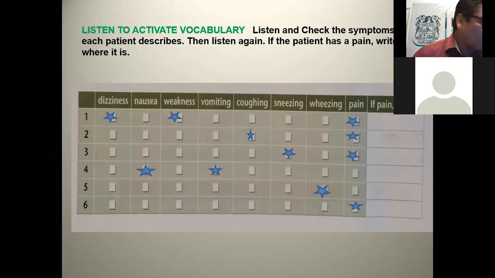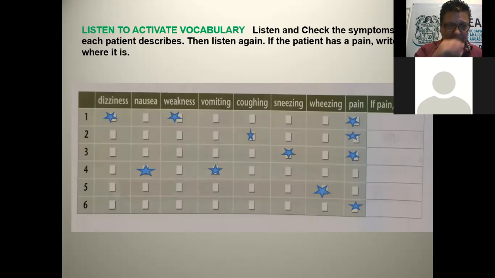And weakness, ¿cómo lo manejábamos? Weakness. I feel, nos sentimos, ¿verdad? I feel weakness. Y cuando tenemos un dolor, pues I have pain, tengo un dolor, ¿verdad? Entonces, con dizziness, decíamos, I've been, he estado mareado, he estado tosiendo, he estado con náuseas, ¿verdad?